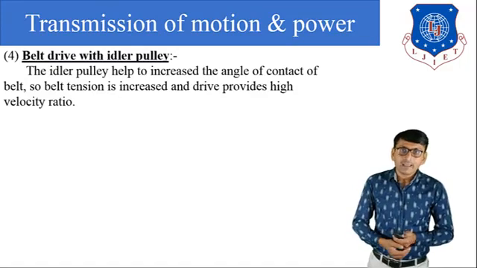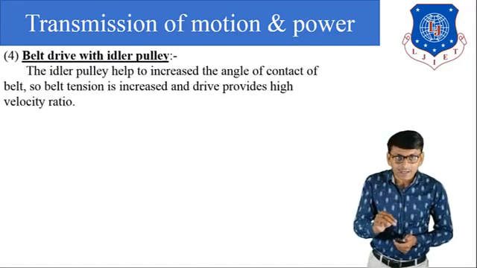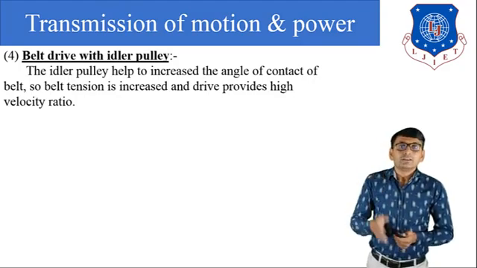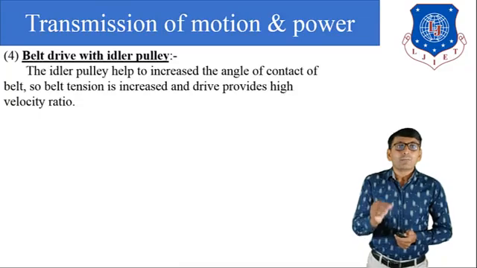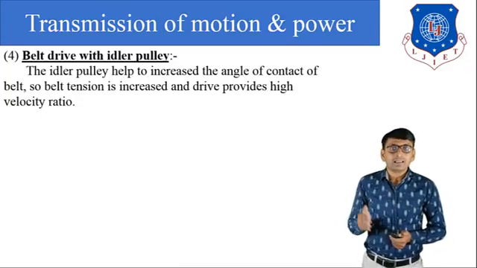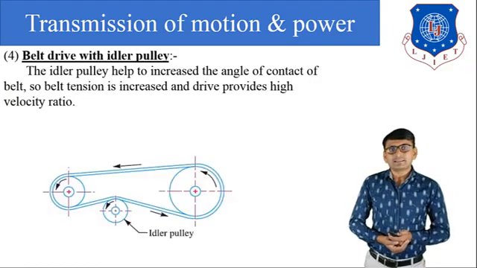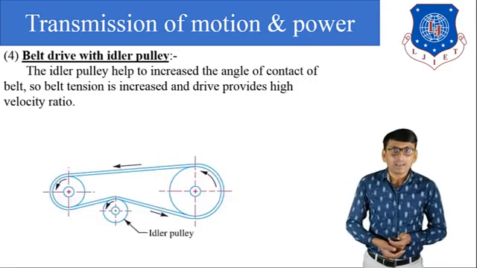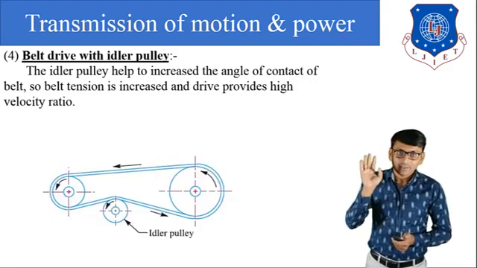Now, fourth one, belt drive with idler pulley. The idler pulley helps to increase the angle of contact of the belt. So belt tension is increased and the drive provides a high velocity ratio. It means a high amount of power is transmitted from one shaft to another shaft. In this diagram, there is a driving pulley, a driven pulley and one idler pulley.